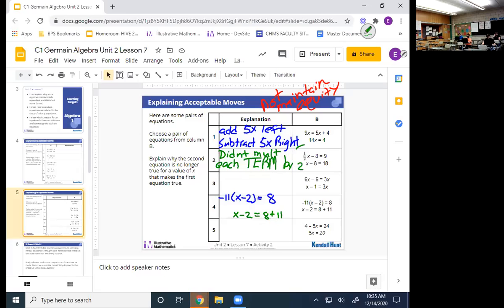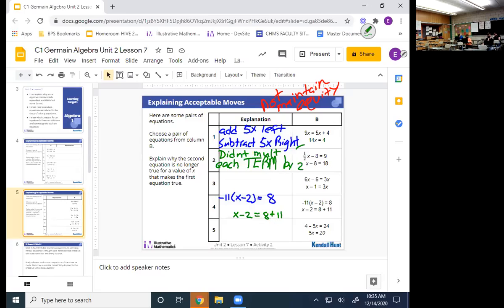Awesome job, Gabe. That was perfect. You need to multiply each part or term by 2, or whatever number you're multiplying by. So that's why this one did not maintain equity, because he multiplied the 1/2 x by 2, the 9 by 2, but he didn't multiply this -8 by 2. Does that make sense, John?